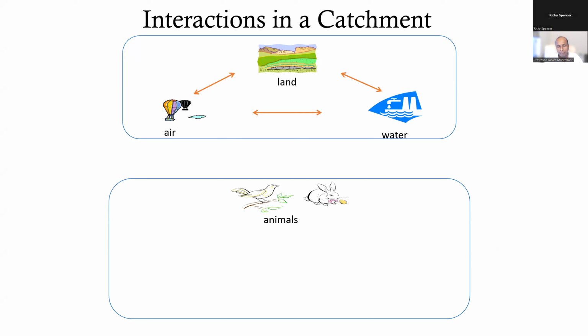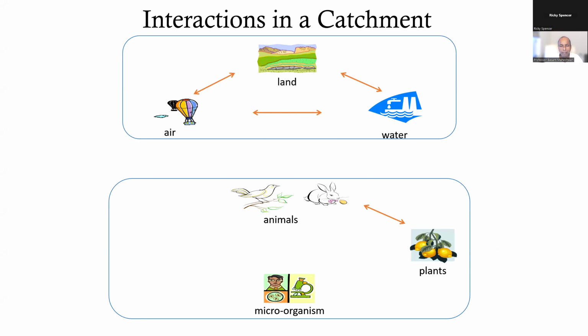Then there's another aspect. There are animals in the catchment, there are plants, and there are microorganisms in the soil. Then we have people in the catchment, and they're all interacting. Animals interact with plants and microorganisms, and people impact how we change the landscape and how we use land, and we can influence animals. For example, if we clear land, then the habitats of animals are affected.